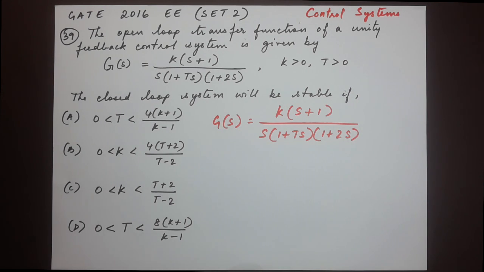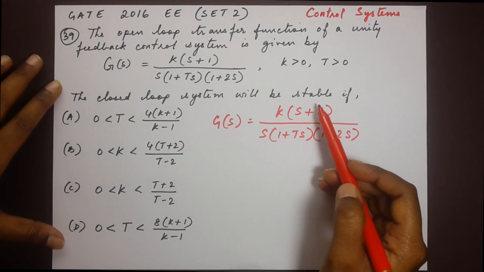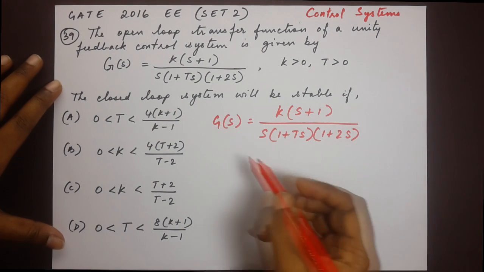So this question is taken from the control systems subject, and we will have to note that for the closed loop system to be stable, there is a certain characteristic equation that we have to keep in mind.